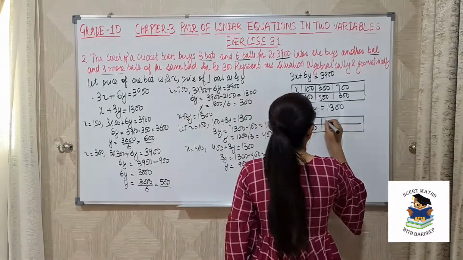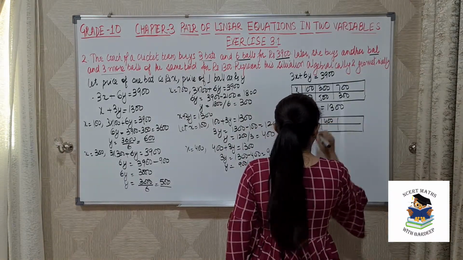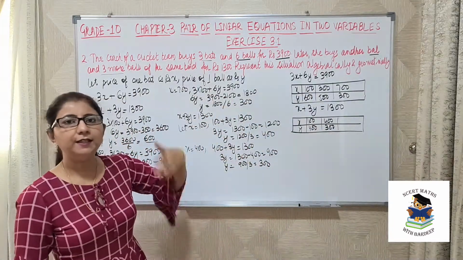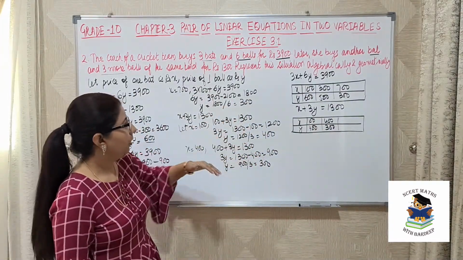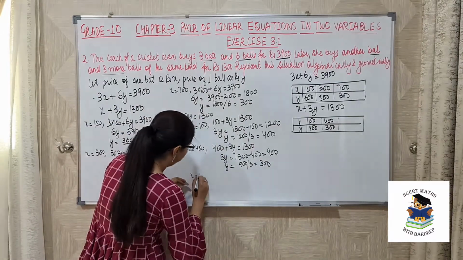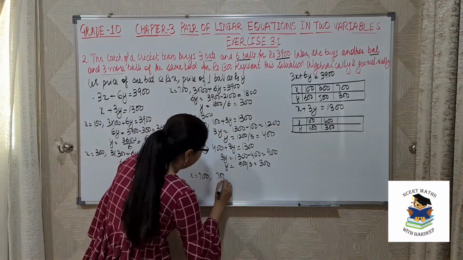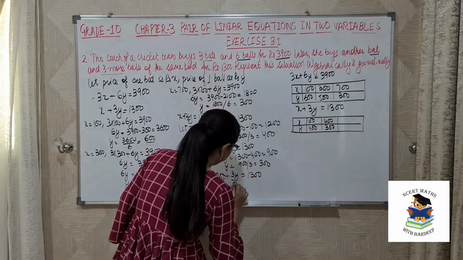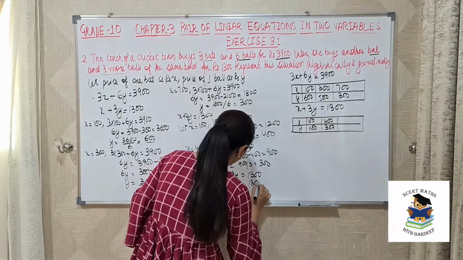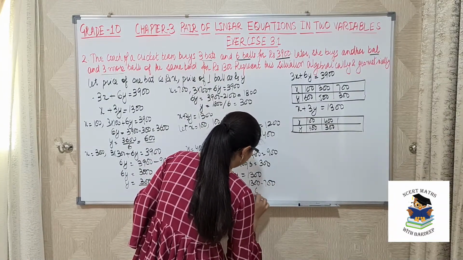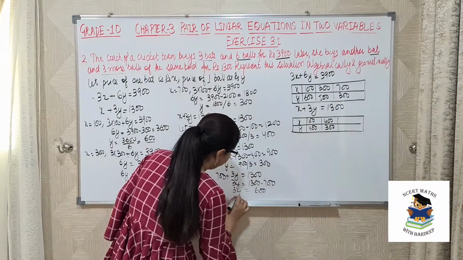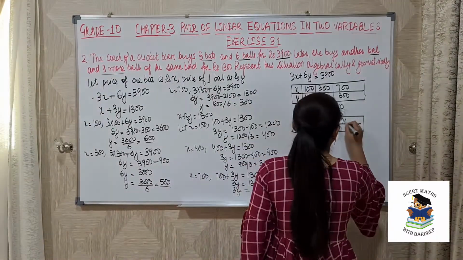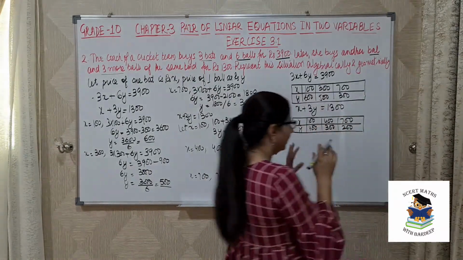So here it is 400 and y is 300. So then I need next multiple. So I want x as 700 again. So 700 plus 3y is 1300. What is 3y then? 1300 minus 700 as 600. So if 3y is 600, what is y? 600 divided by 3, 200. So these are the tables.